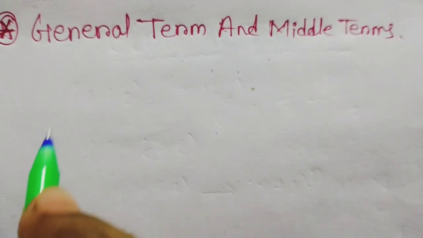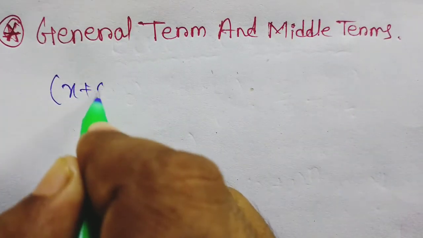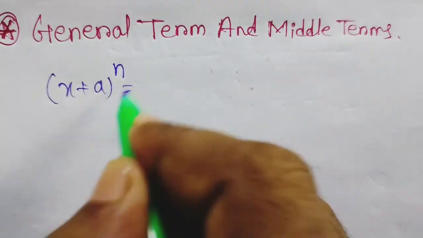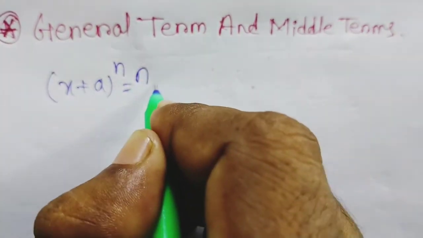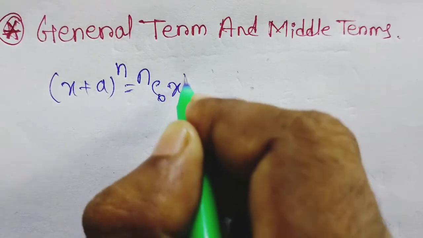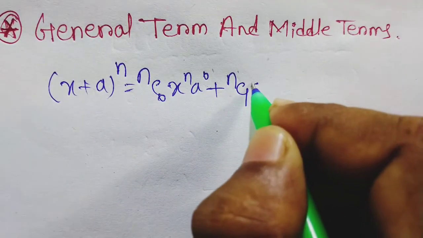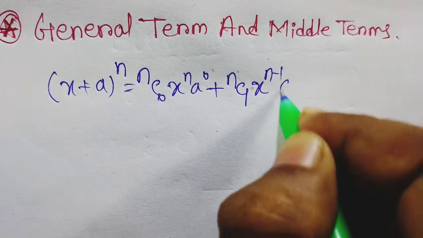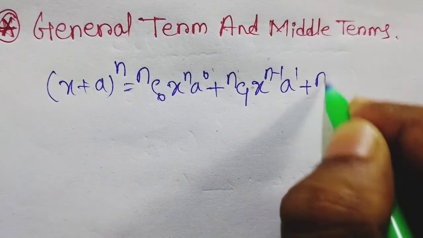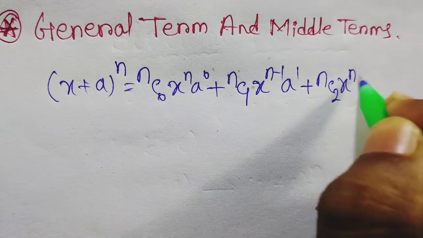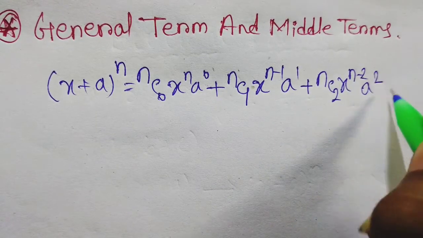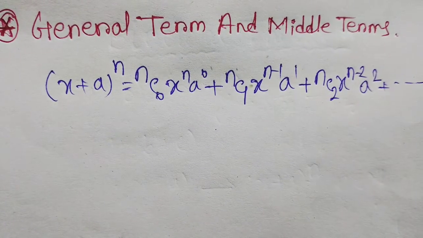Next, we have to know how to find the general term and middle terms of a binomial expansion. Already we have (x plus a) whole to the power n equal to a formula, and the formula is nc0 x to the power n a to the power 0 plus nc1 x to the power n minus 1 a to the power 1 plus nc2 x to the power n minus 2 a square and so on.